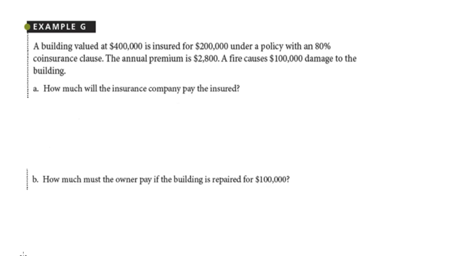The insurance required is determined by taking the value of the building, which is 400,000, and multiplying it by the coinsurance. The coinsurance is 80%. So in decimal form, that's 0.8, which comes out to $320,000.